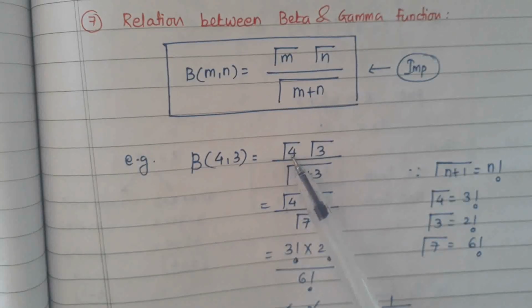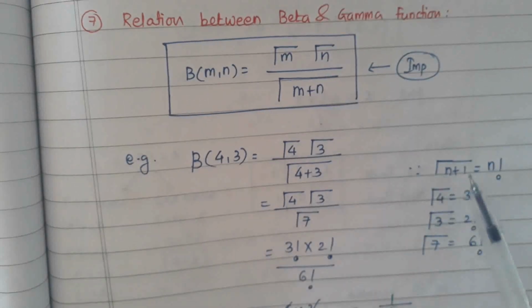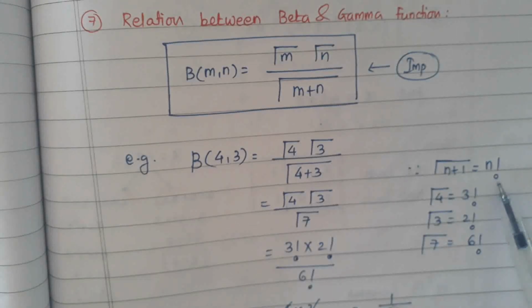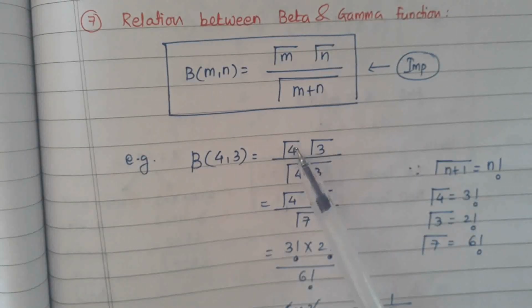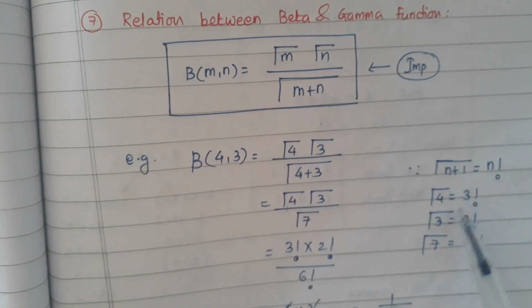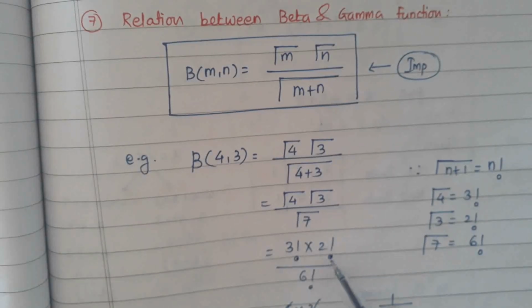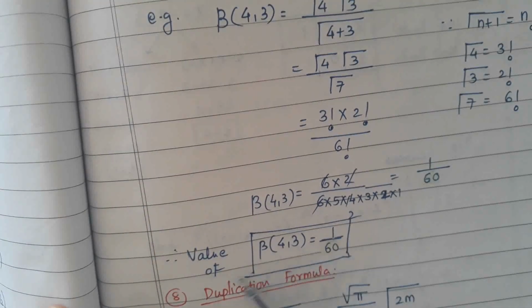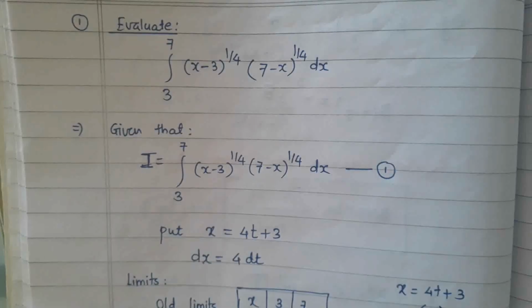Use the properties of the gamma function: gamma(n plus 1) is equal to n factorial if n is a positive integer. Therefore, gamma 4 is equal to 3 factorial, gamma 3 is equal to 2 factorial, gamma 7 is equal to 6 factorial. Place all these values here and evaluate. We get the value of beta(4, 3) is equal to 1 upon 60.